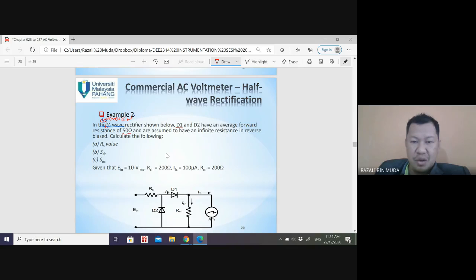So this is where RD comes in. RD1 and RD2 are 50 ohm. Assume an infinite resistance in reverse bias. So reverse bias is open circuit. Infinite resistance means open circuit, like it is not there. Calculate the following: RS value, SDC, SAC. You can solve this by using the equations here.